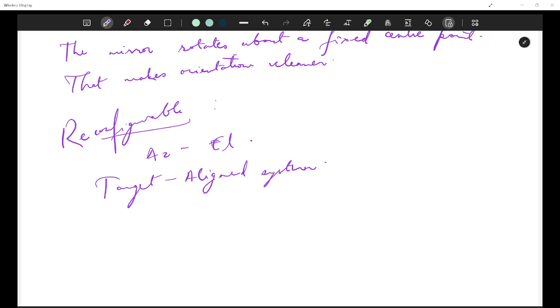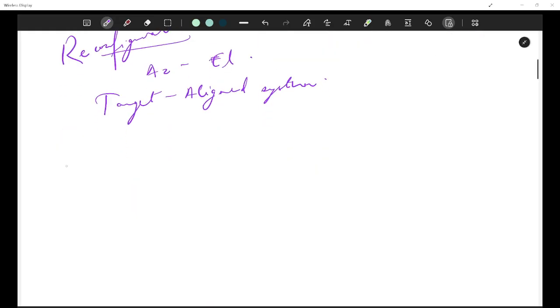Apart from this, if we look at the very initial lectures, you might remember that when we started the solar energy harvesting topic, we saw three major types of solar energy systems.